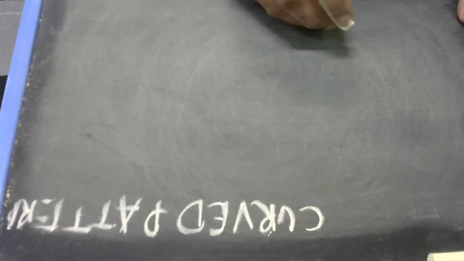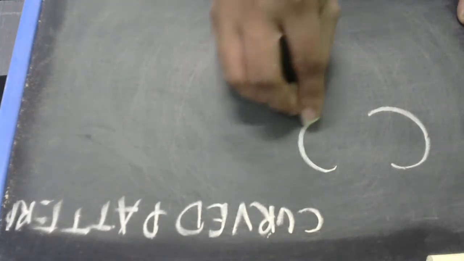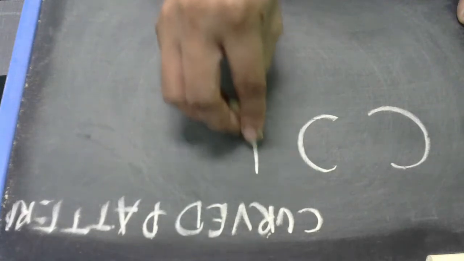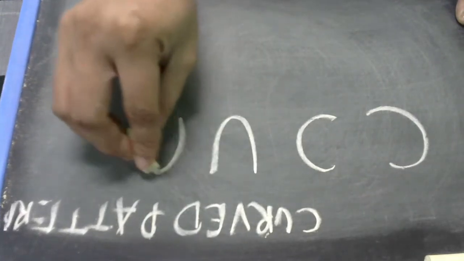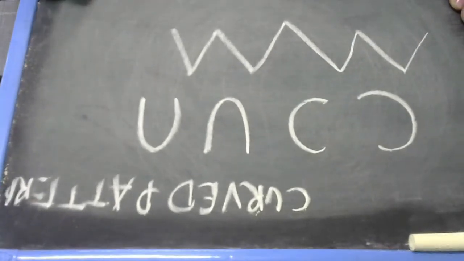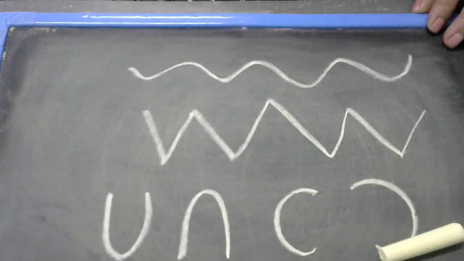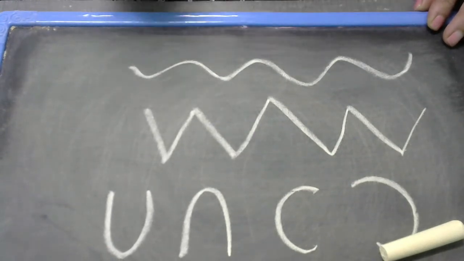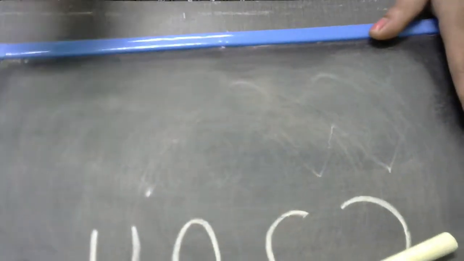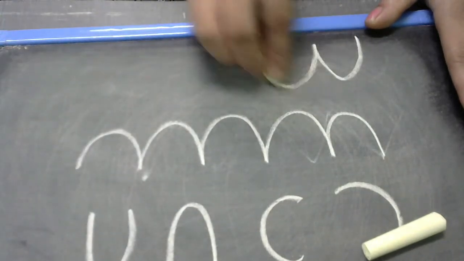So, what have we learned in our curve patterns? Which patterns have we learned? Left semicircle, right semicircle, up U pattern, down U pattern, mountain lines and valley lines, and the continuation of up U pattern and down U pattern, running up U pattern and running down U pattern.